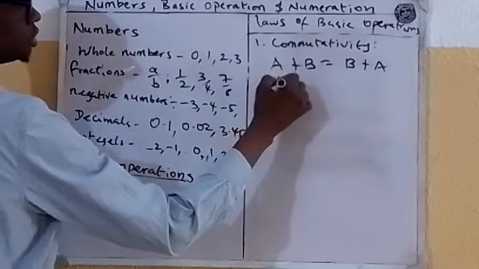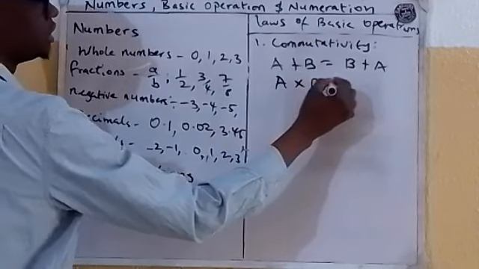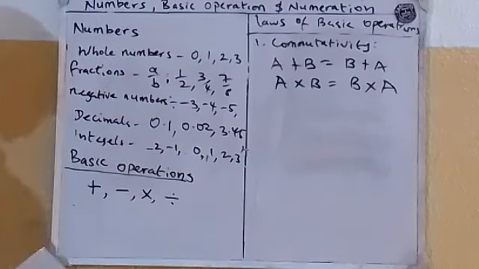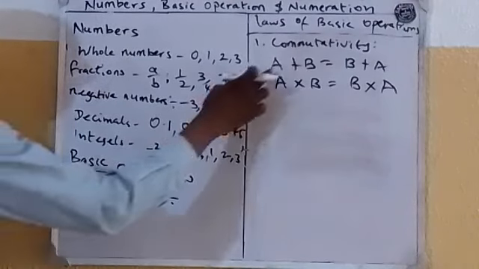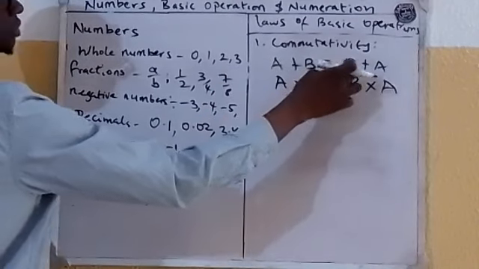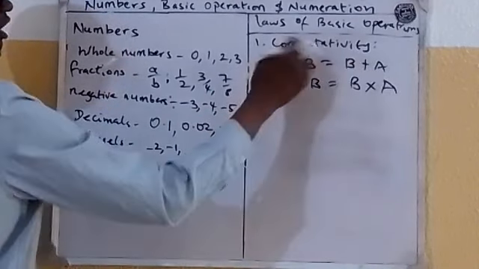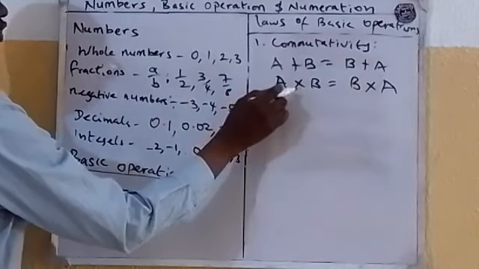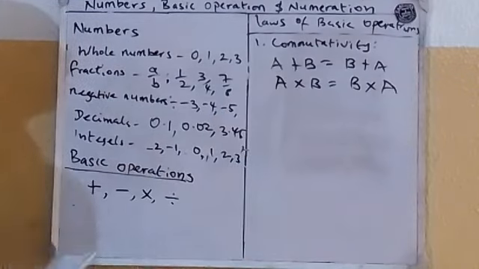Also, multiplication: A times B is the same thing as B times A. No matter the position of your terms, A is a term, B is a term, over the operation of plus or multiplication, that operation will stand.